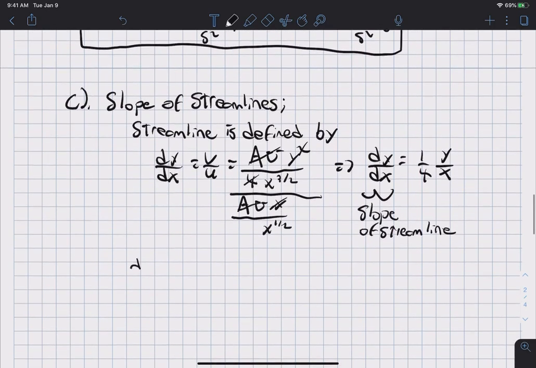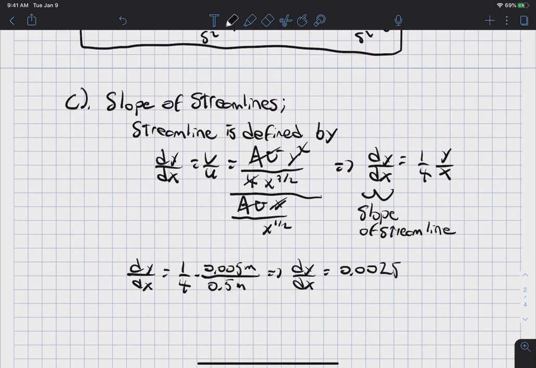And so dy/dx of the streamline at our given point equals 1/4 times y, which is 0.005 meters, over x, which is 0.5 meters, and this implies that dy/dx, or the slope of the streamline, is equal to 0.0025, and that's unitless, right, because we have meters divided by meters.